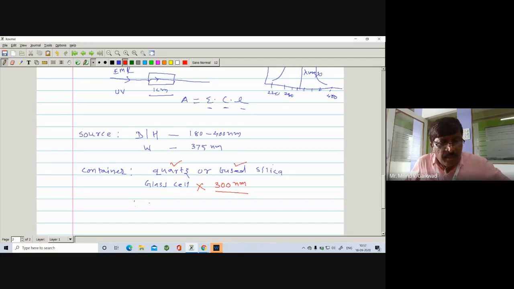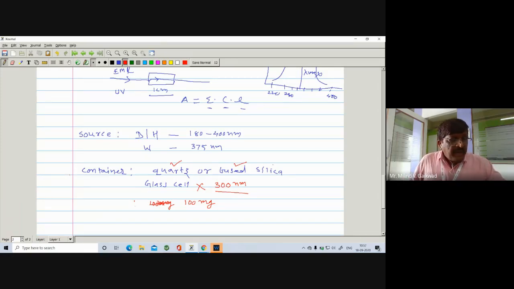We can use near about 100 milligram of sample, and the solvent you can use from 1 milligram to 10 milligram. So we use a very small amount of the sample, right?